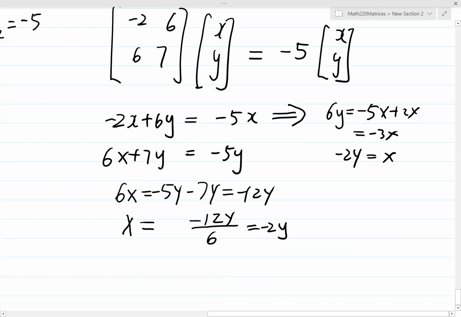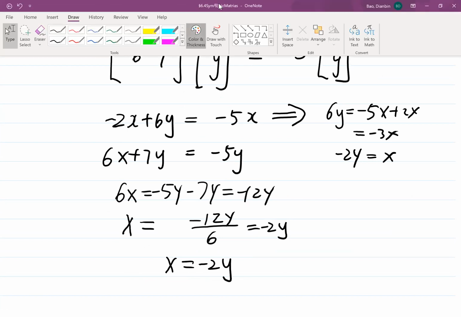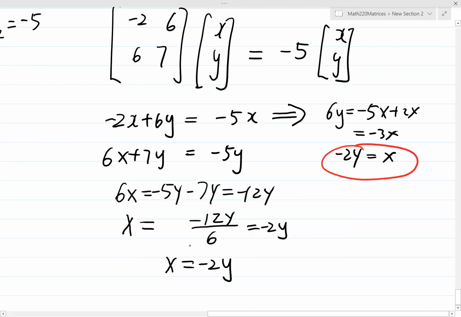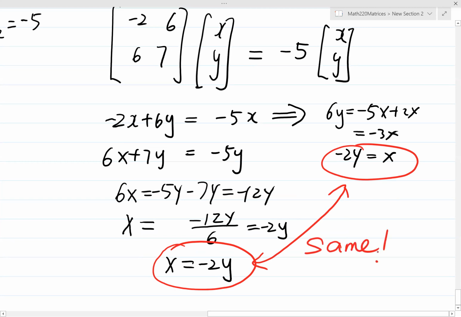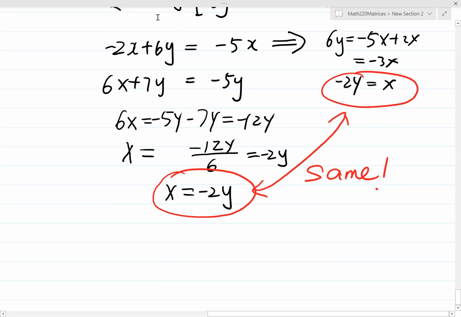So once again x equals negative 2y. You see the results are the same, the same relation between x and y, using either equation.